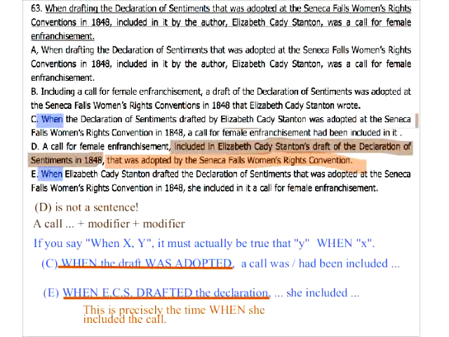Satish, where are you going with that? Okay, although it was drafted by her, so you can figure that out. So Satish is saying we don't know who included it. There's enough context for you to figure that out.